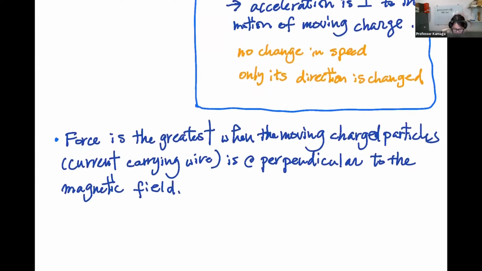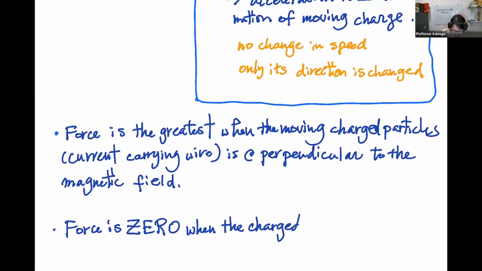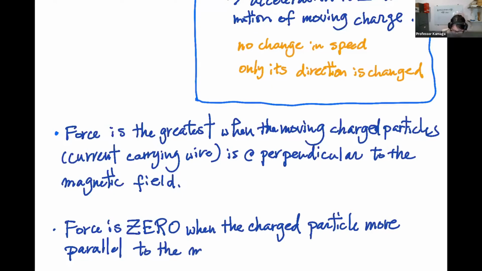That means force is 0 when the charged particle moves parallel to the magnetic field.